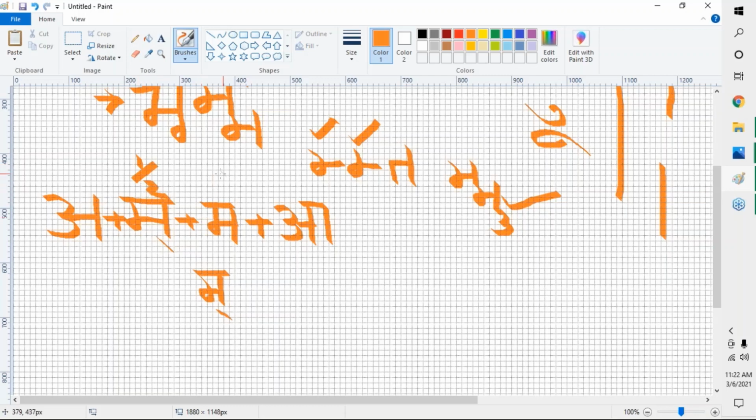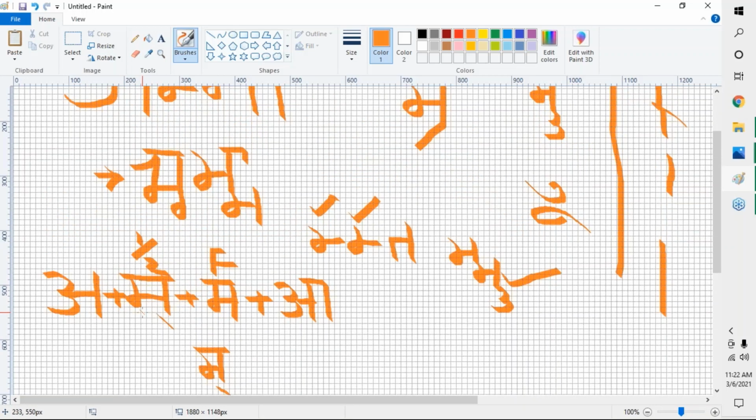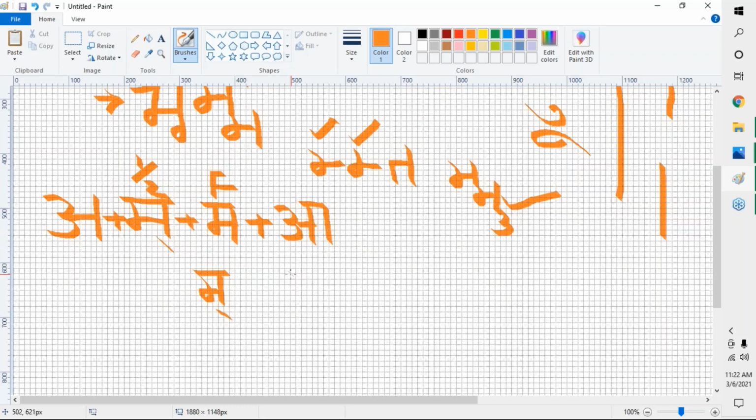This is full. In Devanagari, when we have to write in half, we write it like this. Or in fact, if it is sa, we write it just like this. We don't add a line. Similarly, if it is k, let me show you this k once again, it is like this.